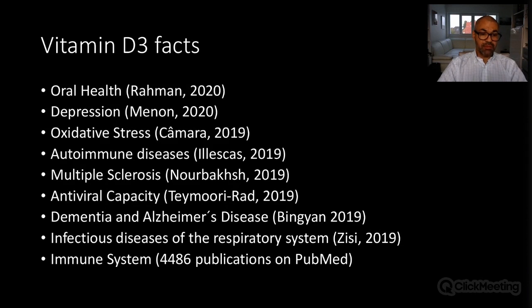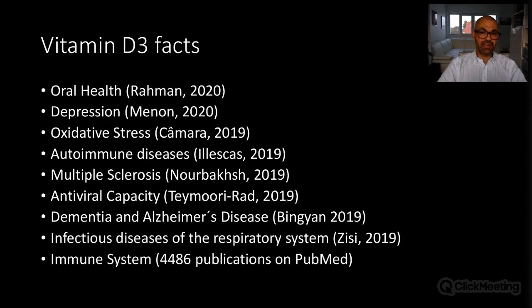It is so important to know that vitamin D3 has like an omnipotency factor for our body. If you go on PubMed and enter immune system and vitamin D3, you will have more than 4,000 publications. You have a lot of time to read, and I can only motivate you to go into the literature, and you will be amazed at how many ways vitamin D3 is affecting our body.